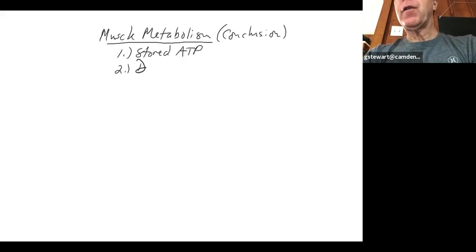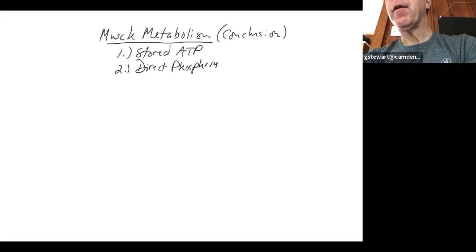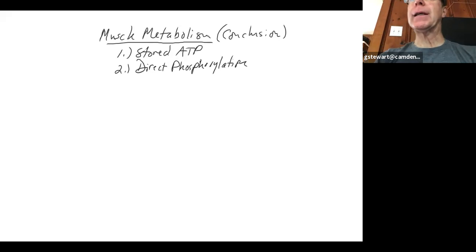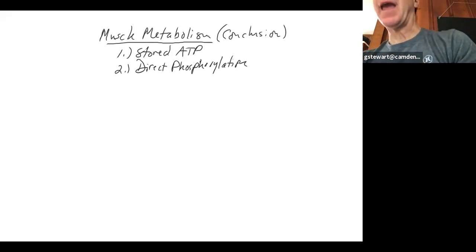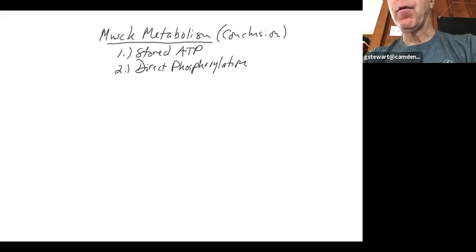Second, direct phosphorylation. After those ATPs start being used up, there is a way to rephosphorylate them, meaning stick that terminal phosphate back onto the ADP, and remember, the substrate that is used to donate that phosphate is creatine phosphate.